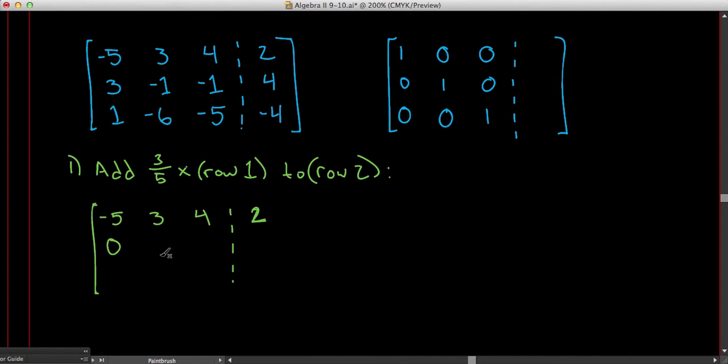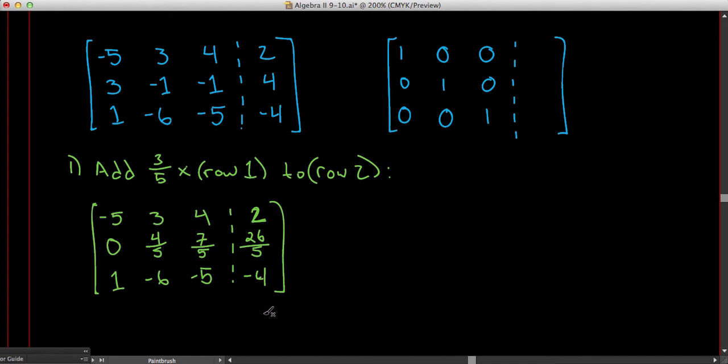And now we're just left with some other values in the rest of the rows. So here I'm going to have 4/5. And here I'll have 7/5. And this is a little bit messy right now, but it will be a bit cleaner in a moment. And here we'll have 26/5. And then our last row stays the same. So we have 1, -6, -5, and -4.